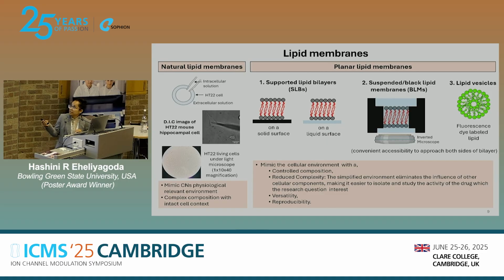The planar lipid bilayers also mimic the cellular environment but with a controlled composition. Sometimes it's good to have this reduced complexity, because if we want to study a system without being influenced by other factors, we can use these simpler systems.